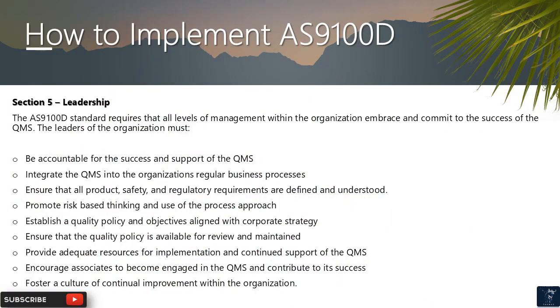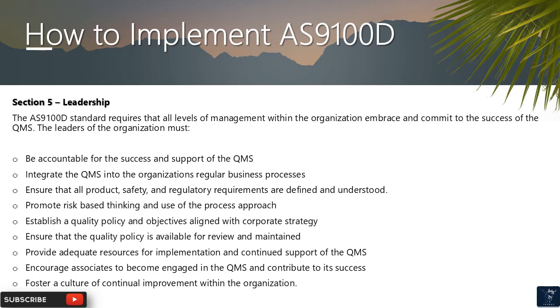Section 5, Leadership. The AS9100 standard requires that all levels of management within the organization embrace and commit to the success of the QMS. The leaders of the organization must be accountable for the success and support of the QMS. Integrate the QMS into the organization's regular business processes.